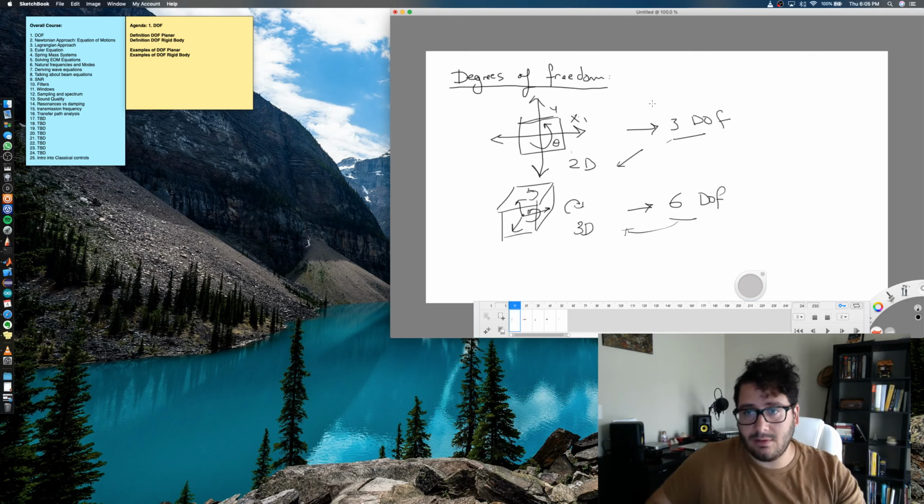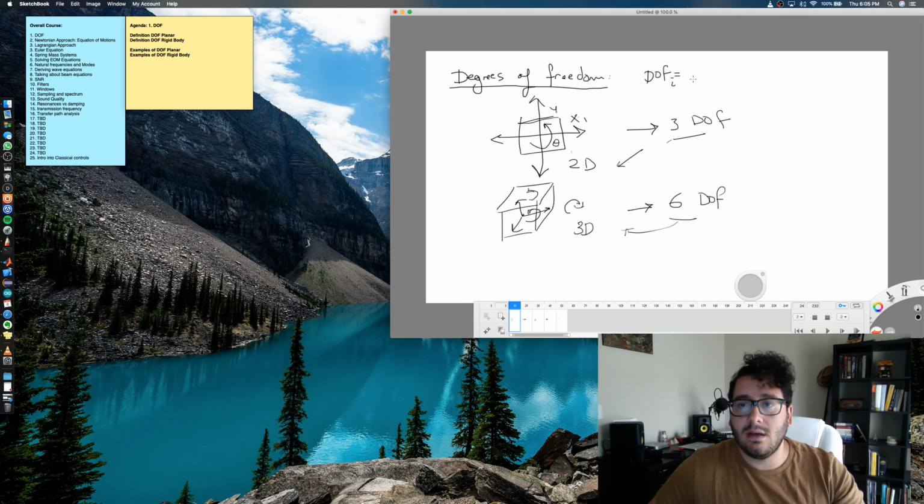Okay, so if I want to generalize this, I would say my degrees of freedom for system I is equal to 6 degrees of freedom for a 3D body multiplied by how many rigid bodies I have.